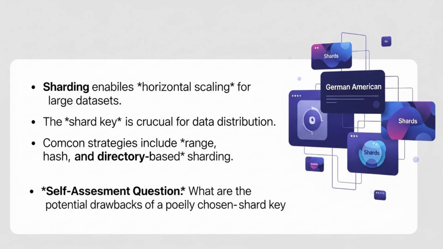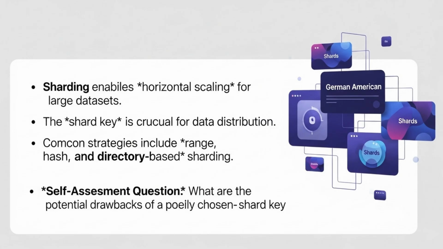Second, we emphasized that the shard key is absolutely crucial. It's the primary mechanism that determines where your data lives within the sharded system, and a thoughtful, well-analyzed selection of this key is paramount for achieving efficient data distribution, accurate query routing, and avoiding performance bottlenecks.